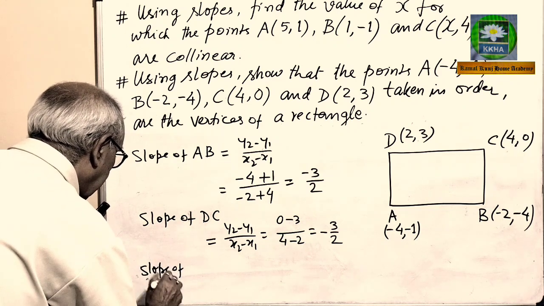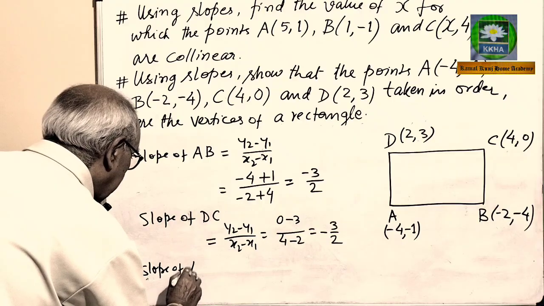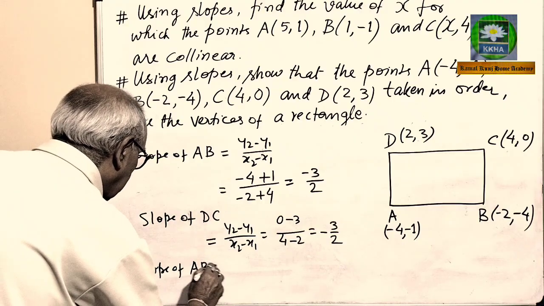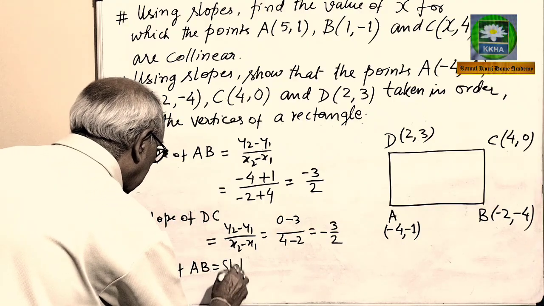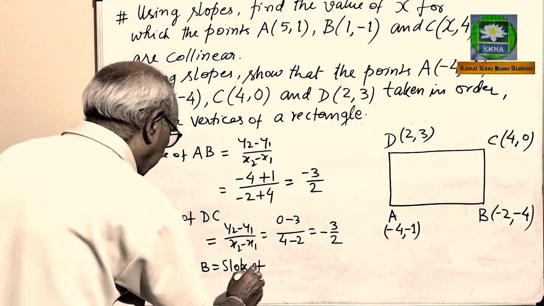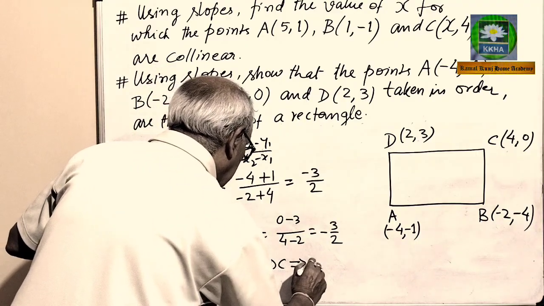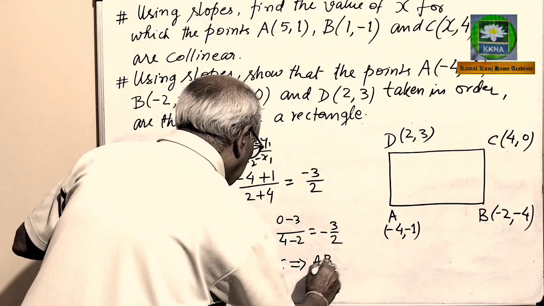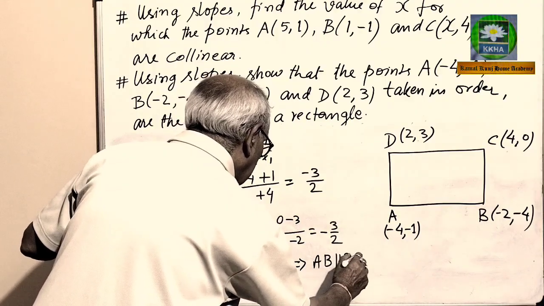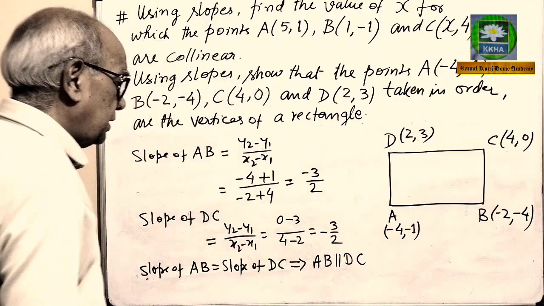So here we find the slope of AB is equal to slope of DC. This implies that AB is parallel to DC.